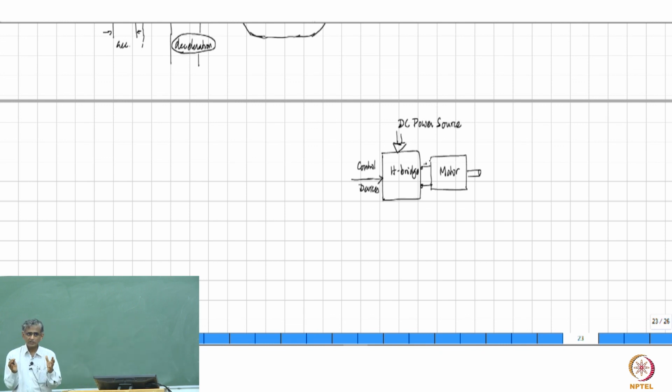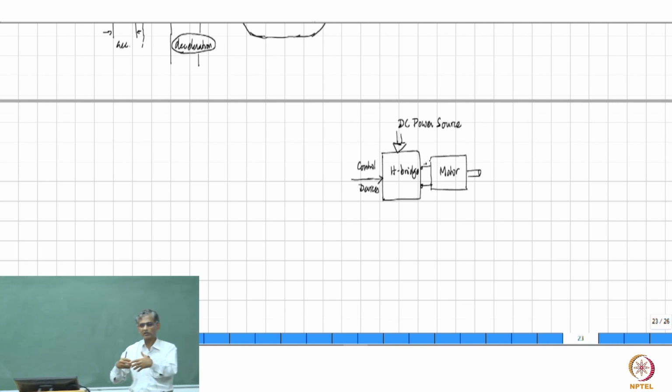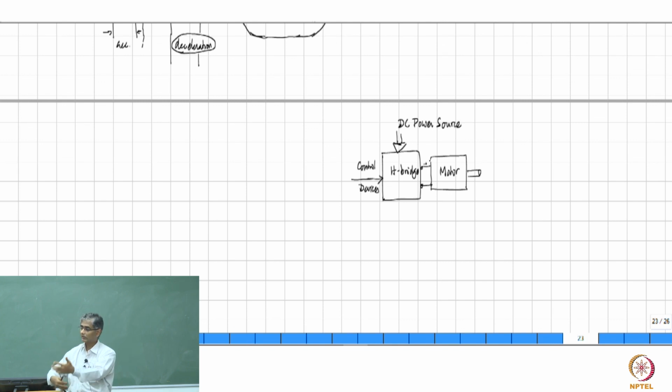The DC machine has an electrical subsystem and then a mechanical subsystem. The electrical subsystem is the part that contains all the armature windings and all that, and as a result of flow of current in that, there is an electromagnetic torque which acts on the mechanical subsystem, which contains the rotor, inertia and whatever else is connected to it, right?